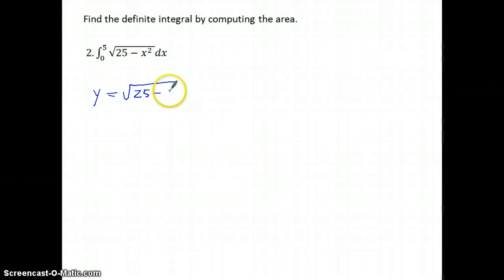If I set this function equal to y and solve for x and y at the same time, first thing I'd do is raise both sides to the power 2, and then I'd add x squared to both sides, and that would give me x squared plus y squared equals 25. That's the equation of a circle centered at 0, 0 with a radius of 5.